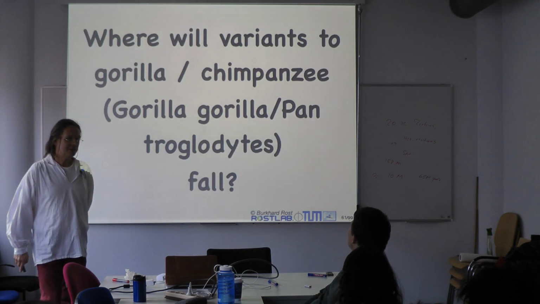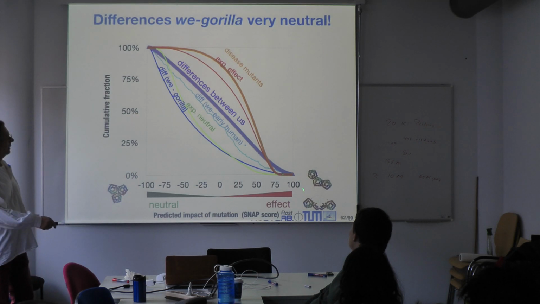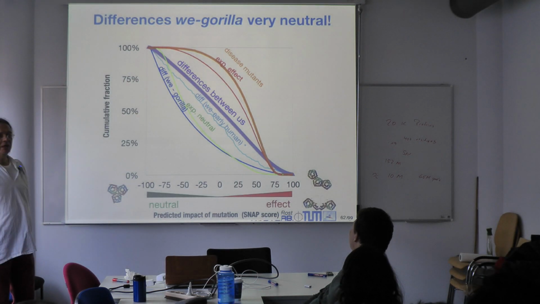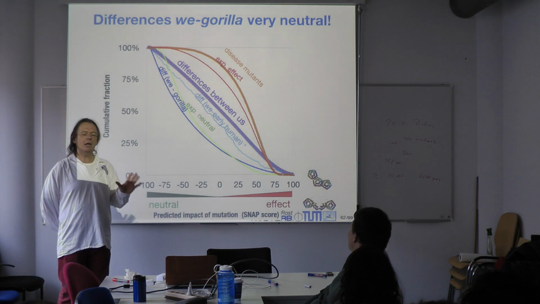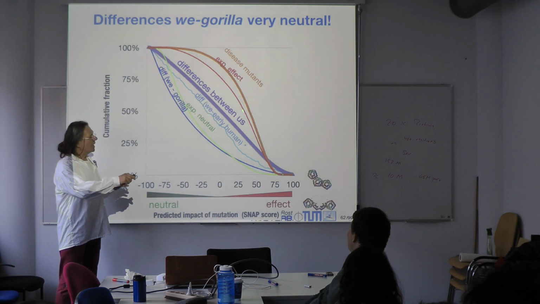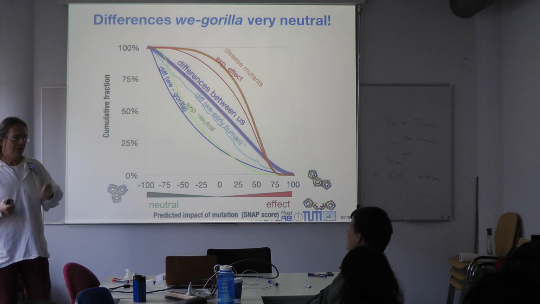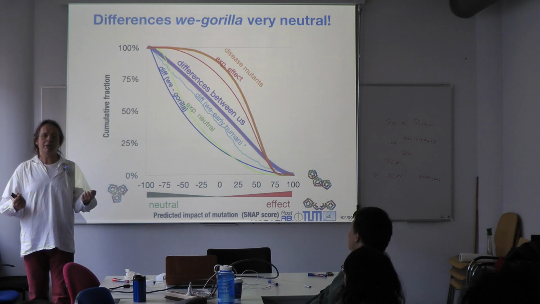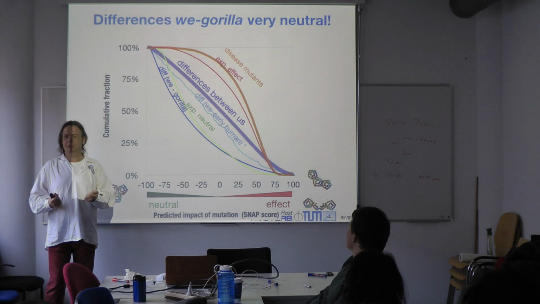All right? If that is with Denisovan, what about the gorilla? Between us and the gorilla. As long as we talked about variance in humans, we have apples and apples. When we talk about human and Denisovan, and more so when we talk about human and gorilla, we talk apples and oranges, because it's not exactly the same proteins anymore.